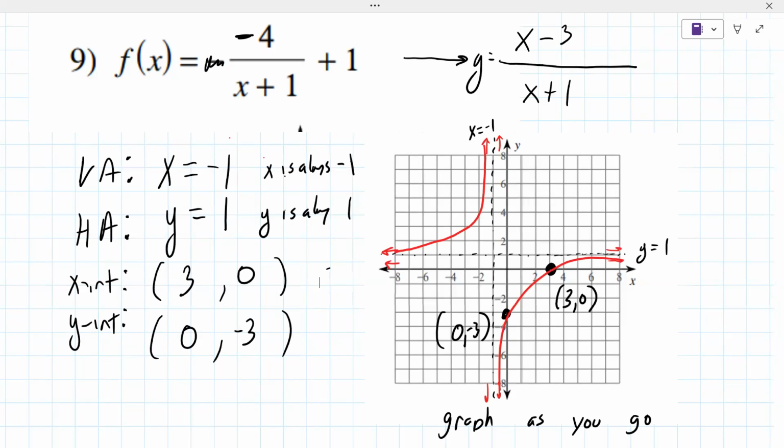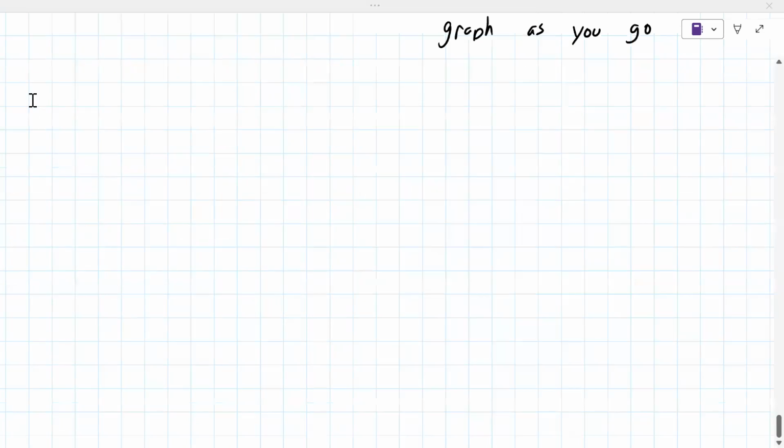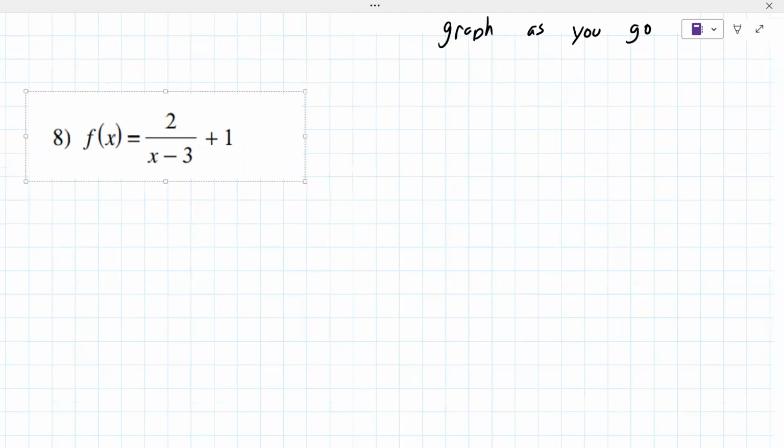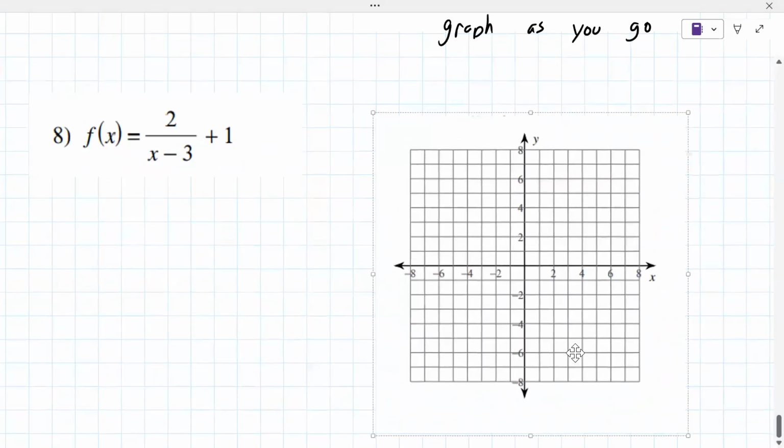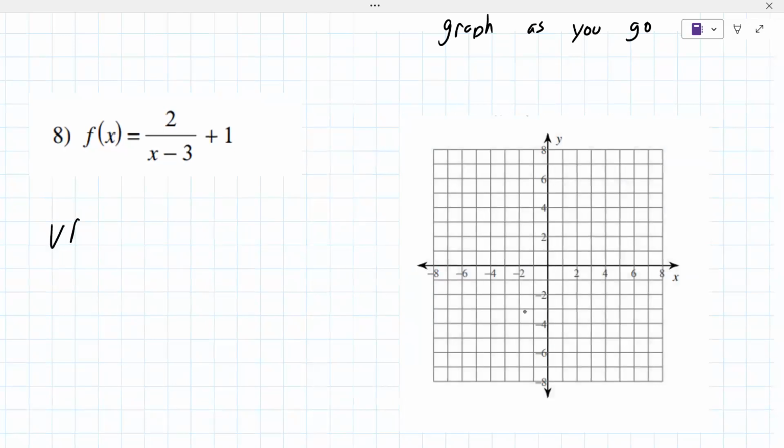So let's do one more. And I would encourage you to graph as you go. So I'm going to put up a graph. You probably don't have a graph, but if you can make something roughly on your paper here. When you give me the vertical asymptote, we're then going to graph the vertical asymptote. We're not going to wait until we're done, so give me the vertical asymptote, please.